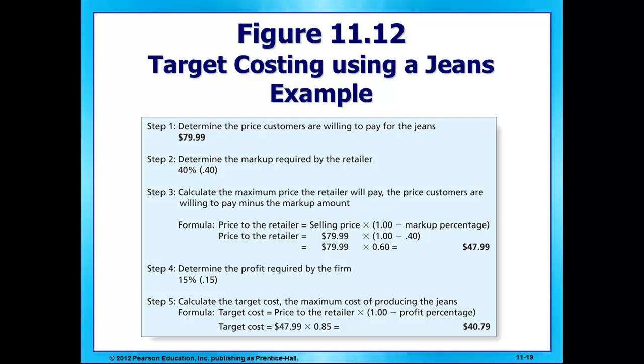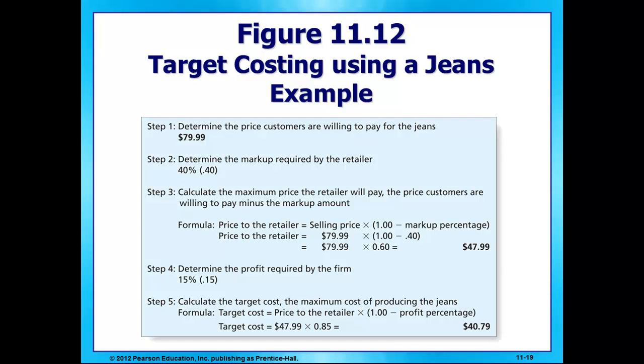Target costing is oftentimes called demand backwards pricing. What you see here is that step one starts with the price customers are willing to pay.